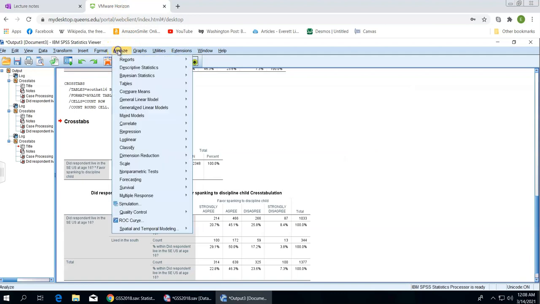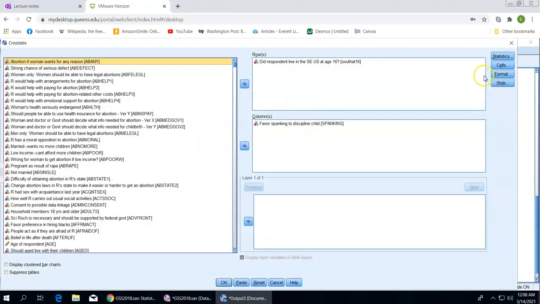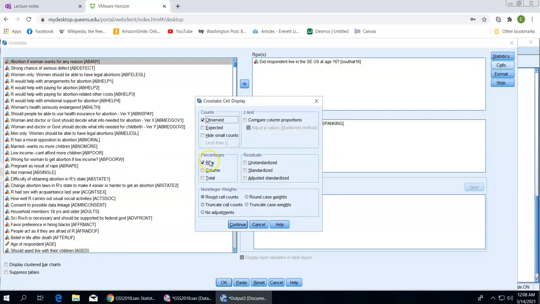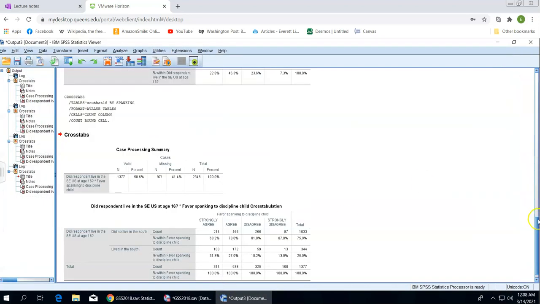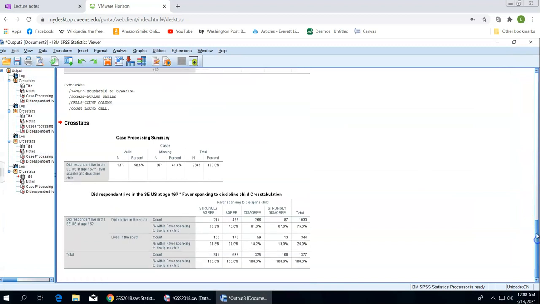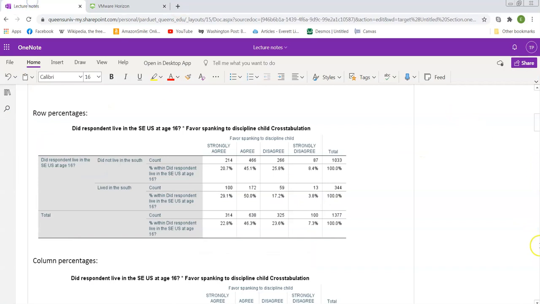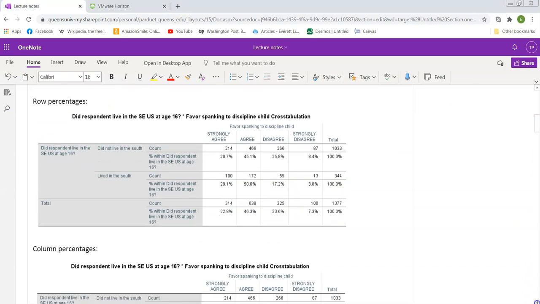Now let's look at the column percentages. So under cells again, I'm just going to turn off the row and turn on the column. And now you see that they're bigger over here.